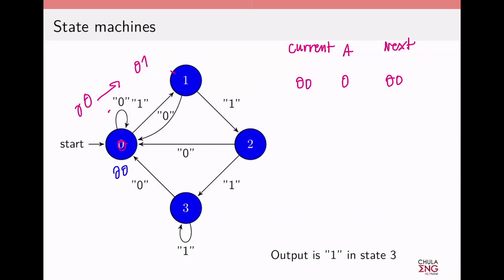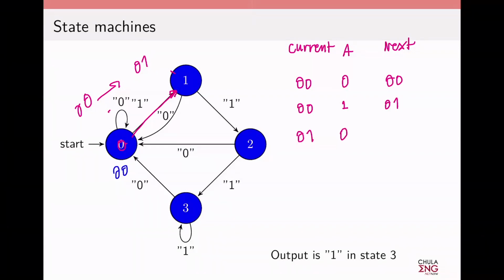If the current state is 0, 0 and then A comes in as 1, then we transition to 0, 1.